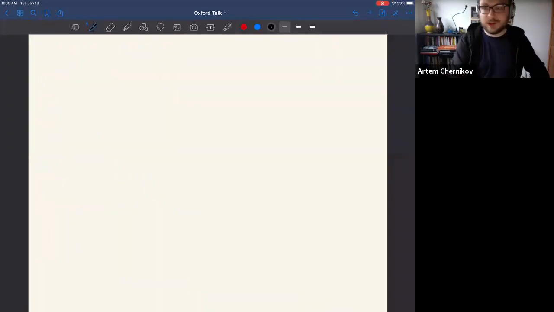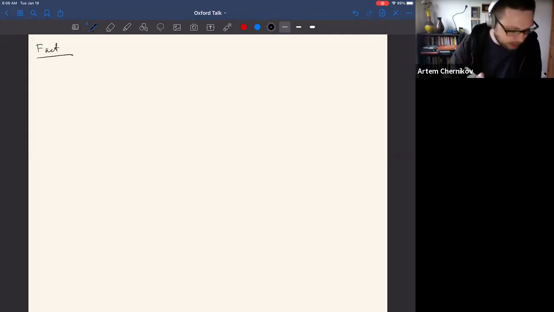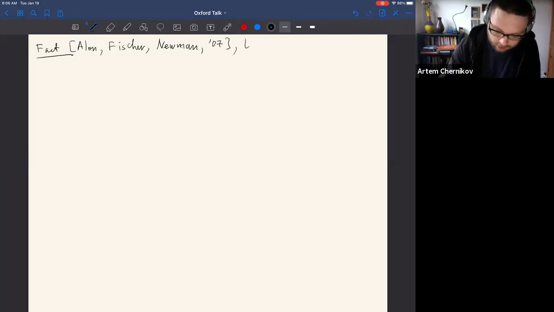Okay, so let me start by stating a result which has appeared in several variants. The earliest variant is probably, I believe, due to Alon-Fischer-Newman from 2007, and a different variant in the more general measure setting is due to Lovász-Szegedy from 2010.